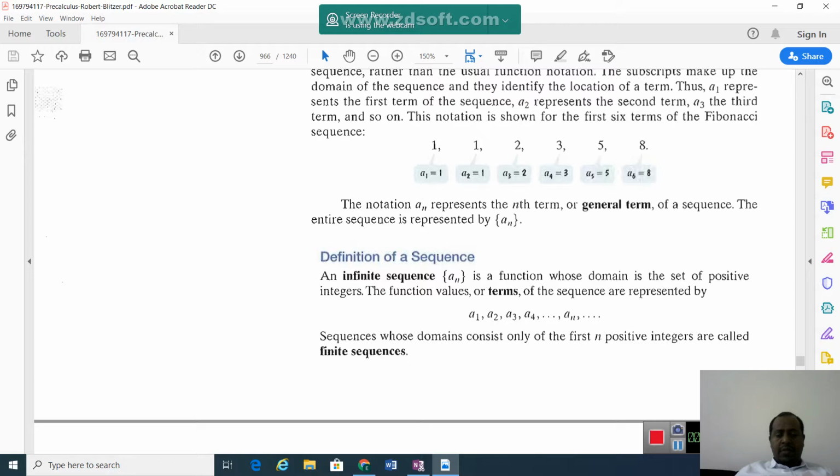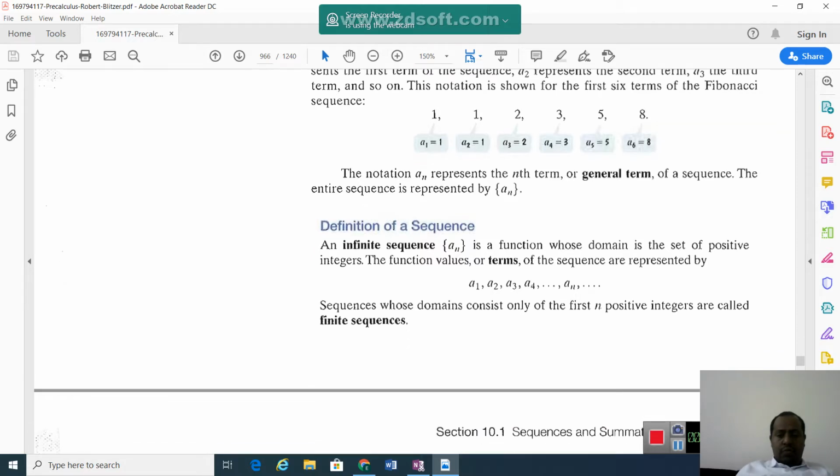One thing you should know is that in an infinite sequence there is no final term. If there is a final term, then the sequence is said to be a finite sequence. A finite sequence is one whose domain consists of only the first n positive integers, which means that you have a final term.